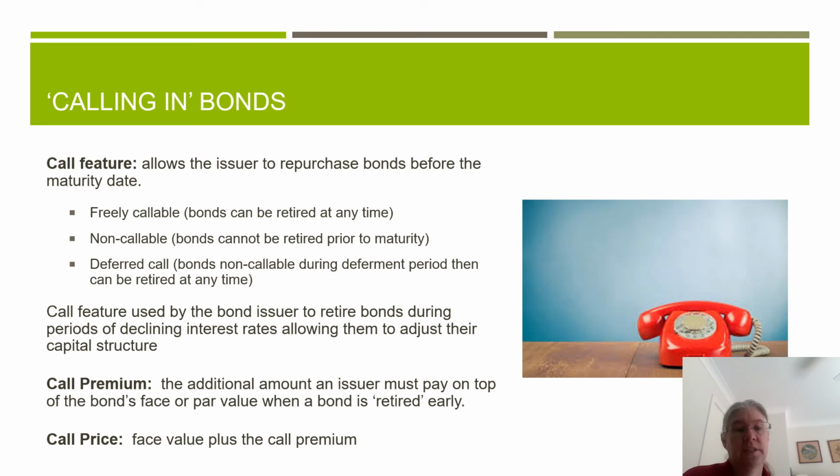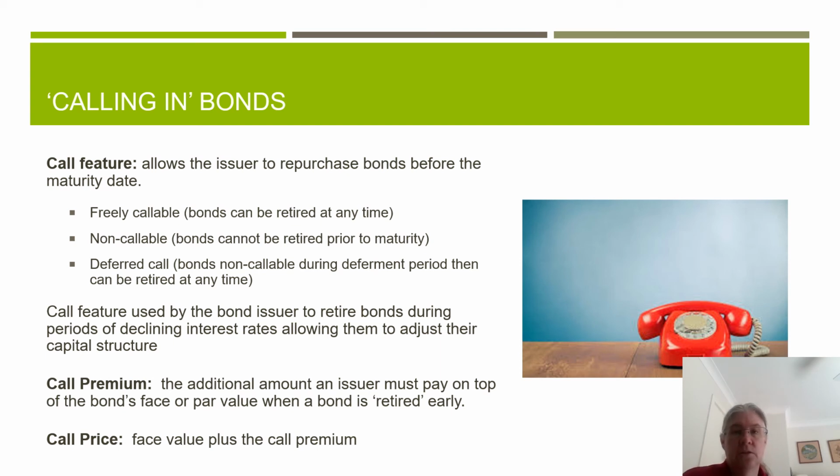They would use this call feature to retire bonds when the interest rates are going down. Like the example we looked at before, it was a 10% bond. The market interest rate is dropping, maybe it's dropped down to 8%, so they're going to call it in because they're paying more than what they would by getting finance from other places.